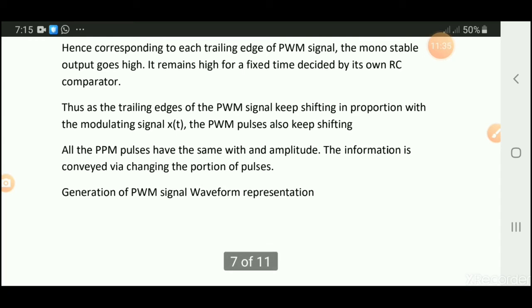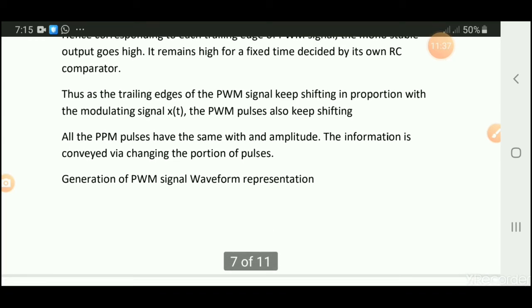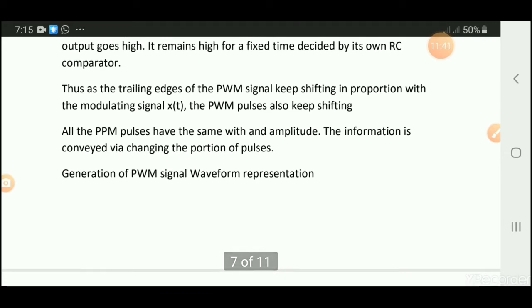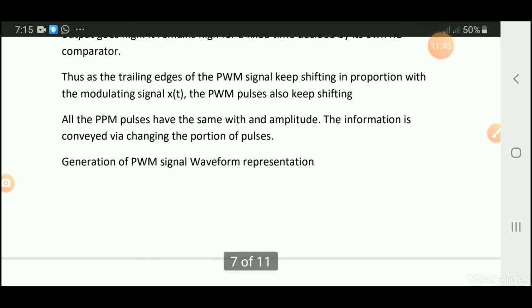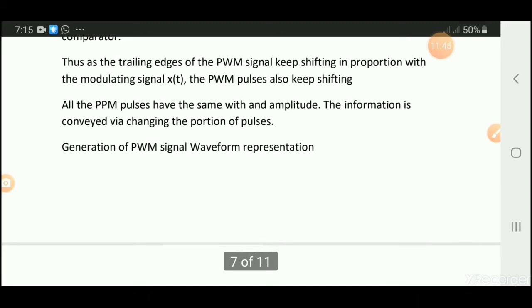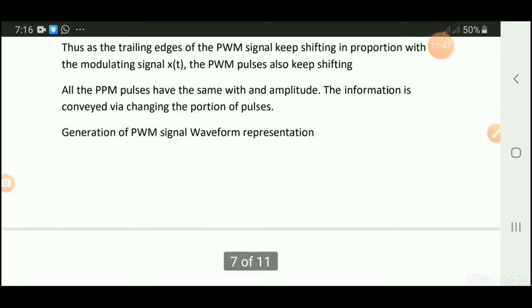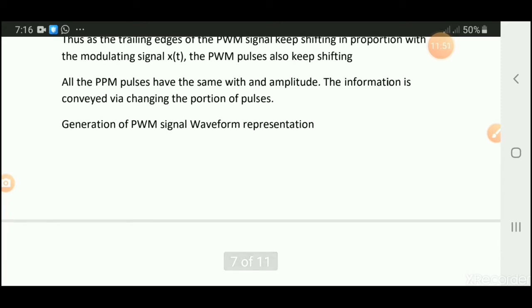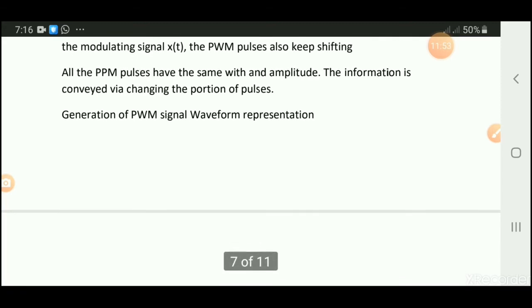Thus, as the trailing edges of the PWM signal keep shifting in proportion with the modulating signal x(t), the PPM pulses also keep shifting. All the PPM pulses have the same width and amplitude. The information is conveyed via changing the position of pulses.